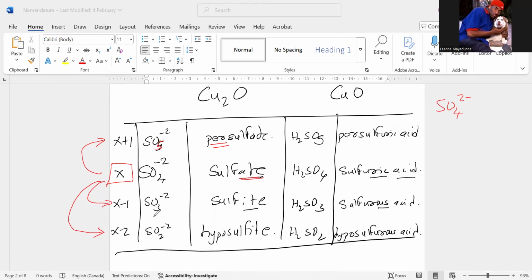If it is one oxygen less, you change the ending ATE to ITE. So whenever you see ITE, what should click for you? That one oxygen is less. When it is hypo and ITE, you should know that there are two oxygen less than the standard.